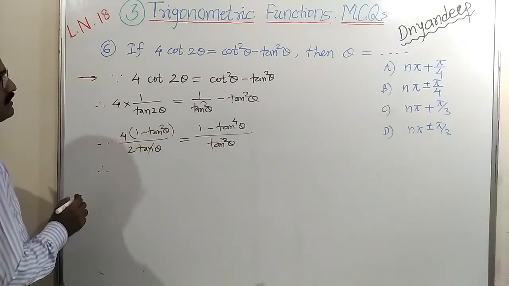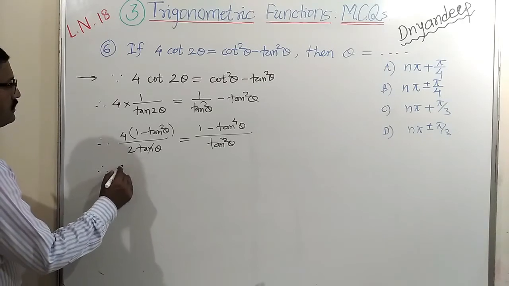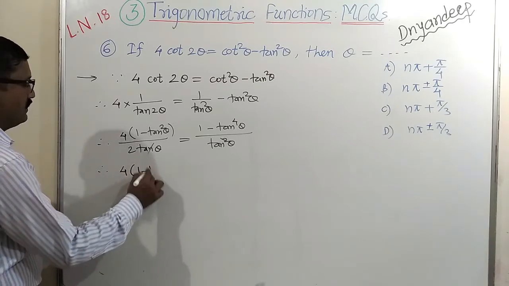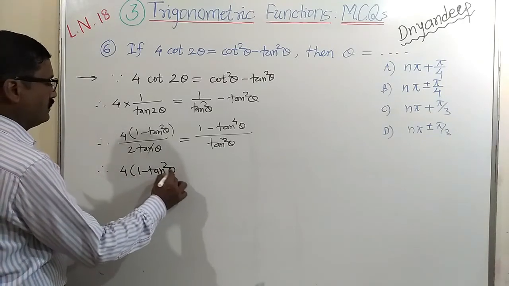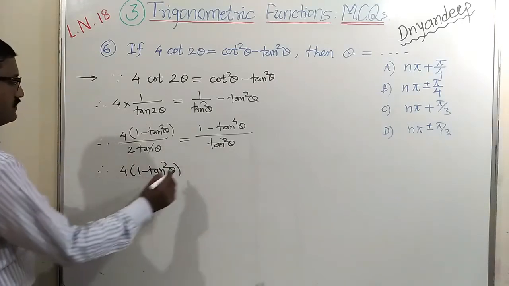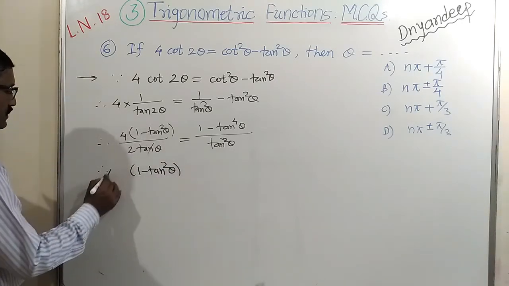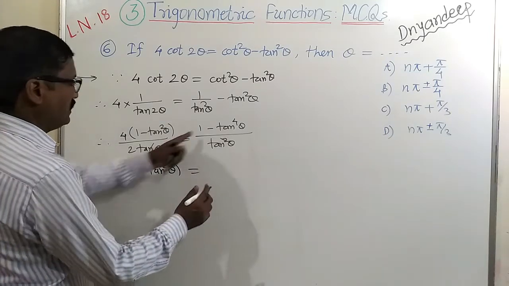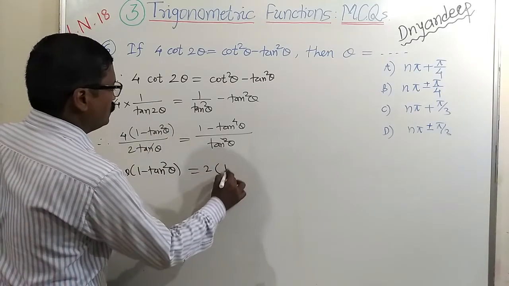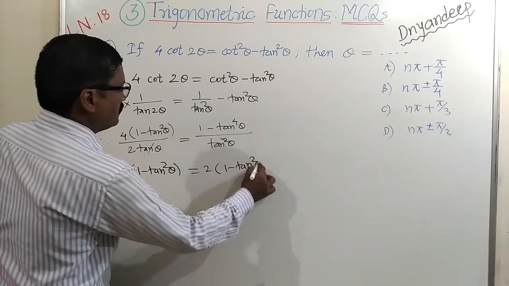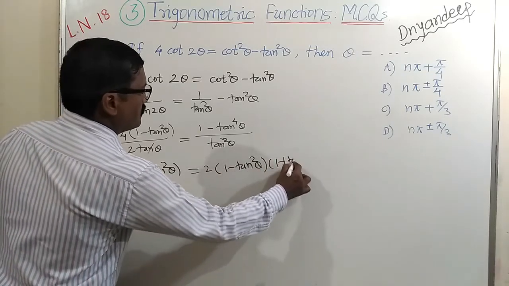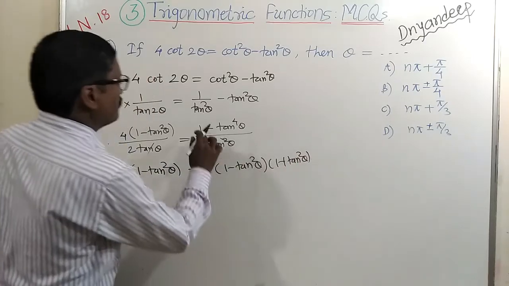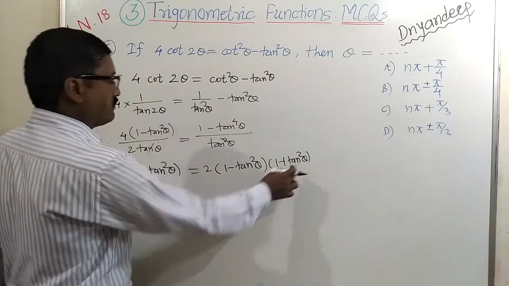Therefore, 4 into 1 minus tan square theta into this tan theta, or we can write here 4 tan theta into this, is equal to 2 into 1 minus tan square theta into 1 plus tan square theta. 1 minus tan raised to 4 is 1 minus tan square, 1 plus tan square.